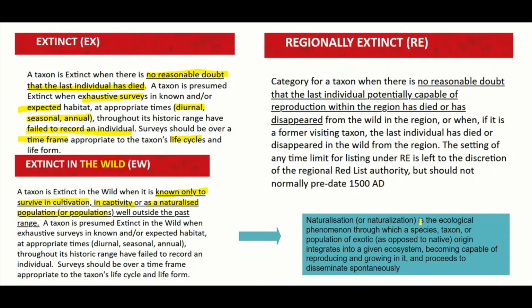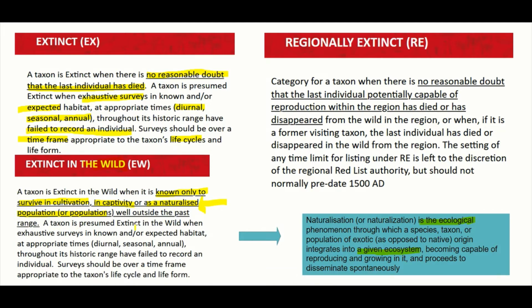Naturalization is a process in ecological phenomena through which a species, taxon, or population of exotic as opposed to native origin integrates into a given ecosystem, becoming capable of reproducing and growing in it. So this is where you have put a certain taxon within a certain area and it has been able to adapt and reproduce.